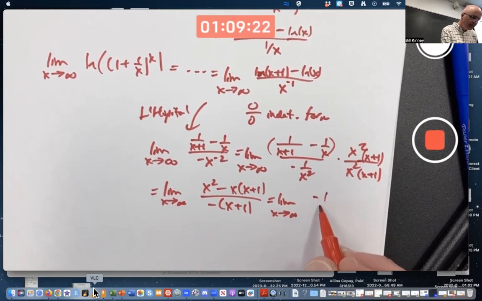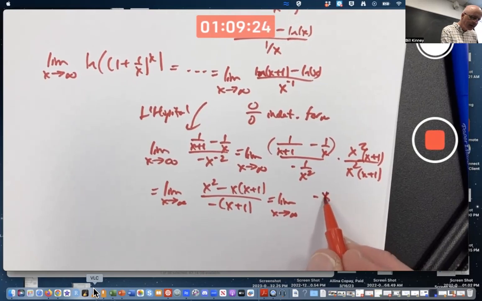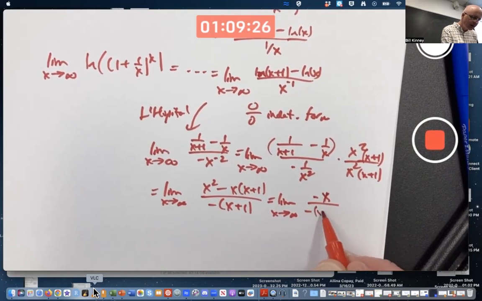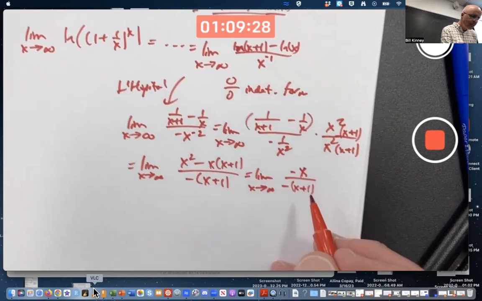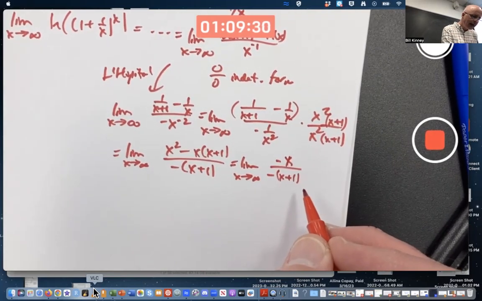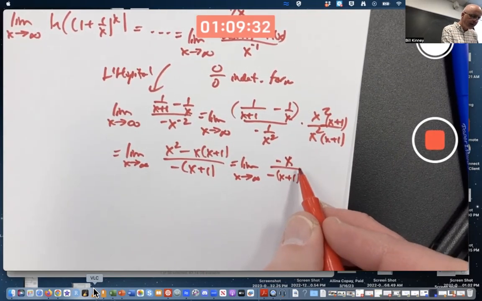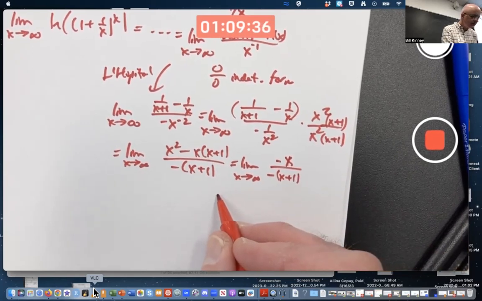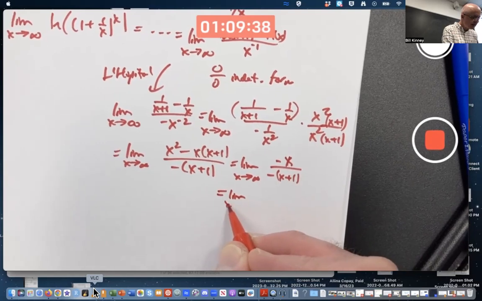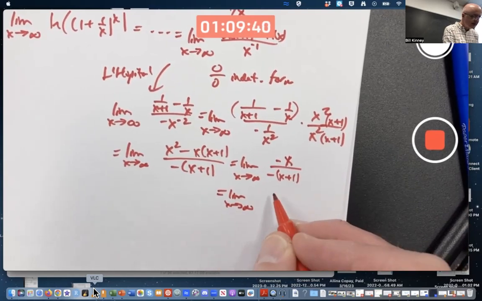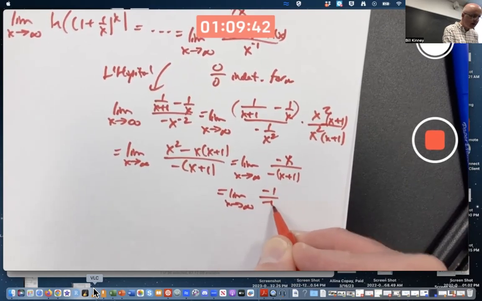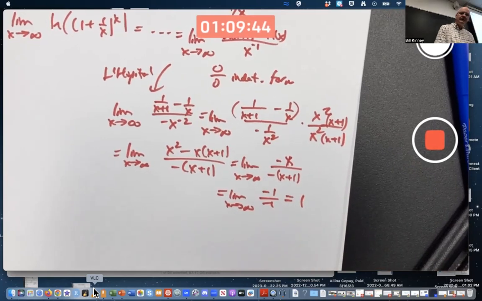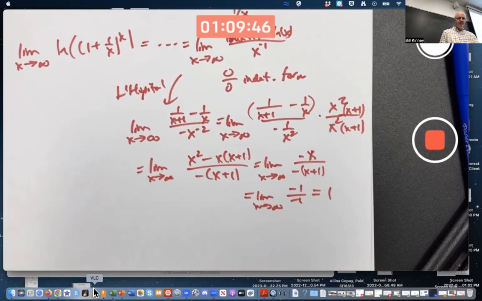The x squareds cancel. I'm left with a negative x on the top and a negative of x plus 1 on the bottom. And that's a rational function where the degree of the top and the bottom are the same. You look at the coefficients of the highest power. You could also use L'Hopital's rule again, it's an infinity over infinity, and get negative 1 over negative 1, which is positive 1. Yeah, this did work.